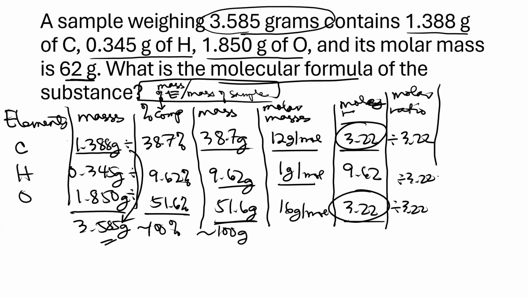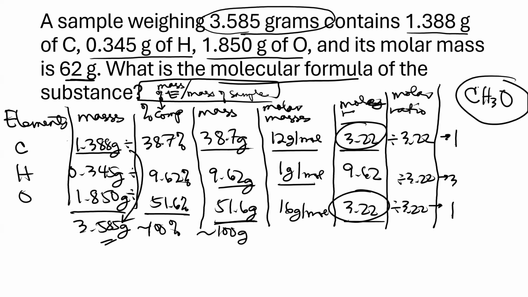We get our mole ratio as, for carbon, 1. For hydrogen, 3. And for oxygen, 1 as well, right? So that gives us the formula CH3O.